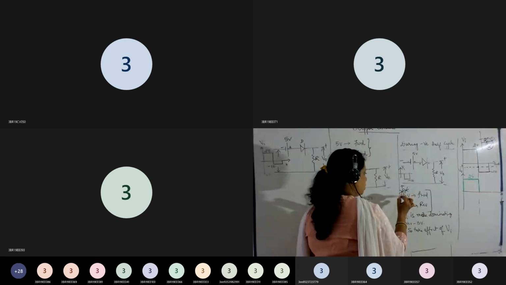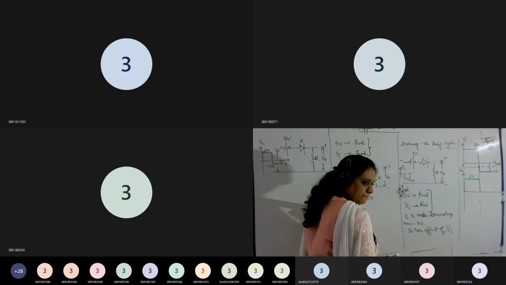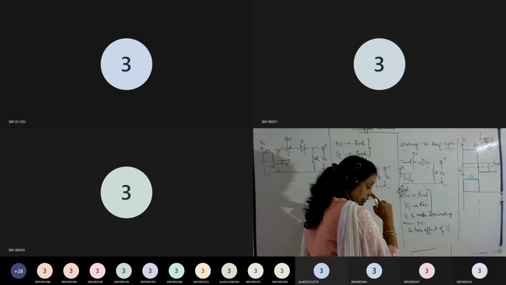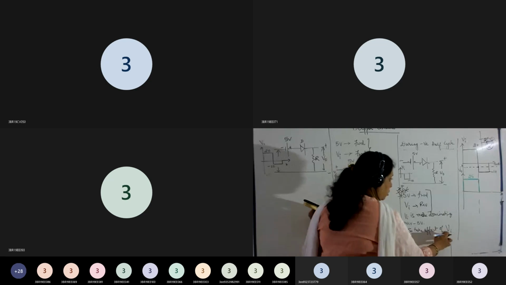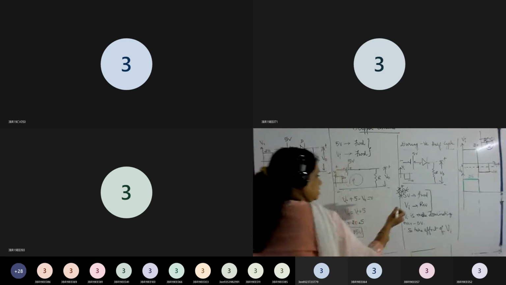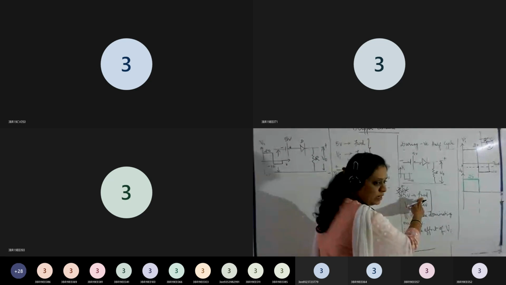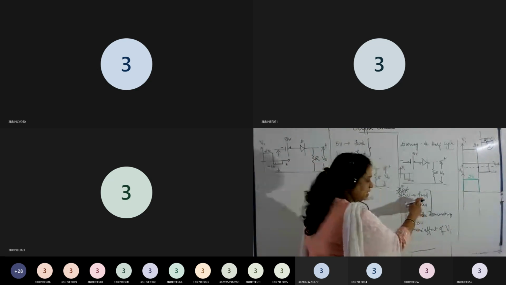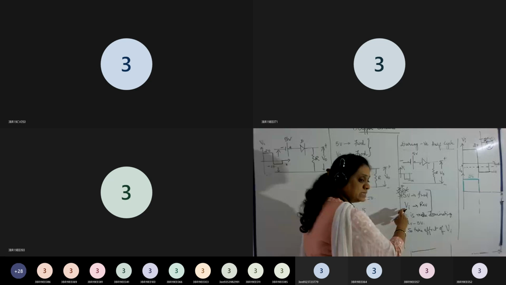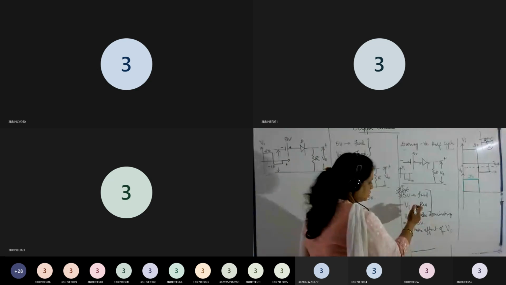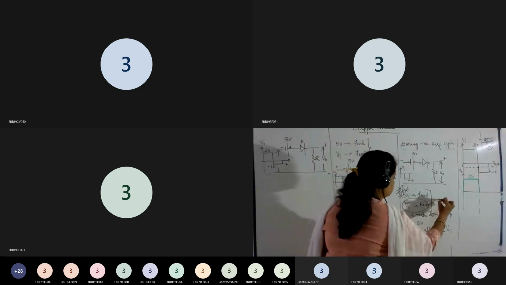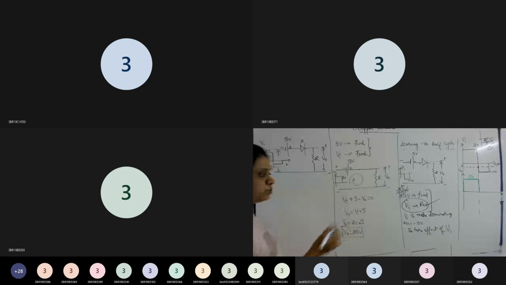It all depends on what type of input waveform you take. So we should take the effect of only Vi. Even though this is making the diode forward biased, at all values of the input during the negative half cycle, Vi is making the diode reverse biased. So this should be taken because that is more negative than minus 5.